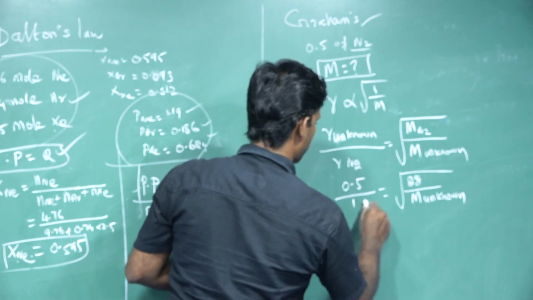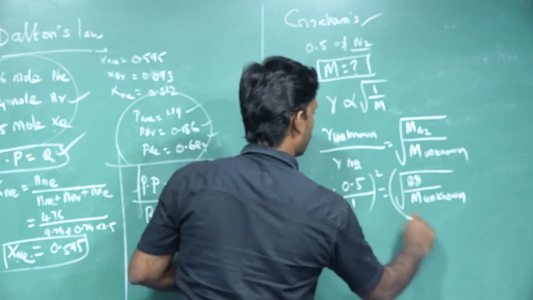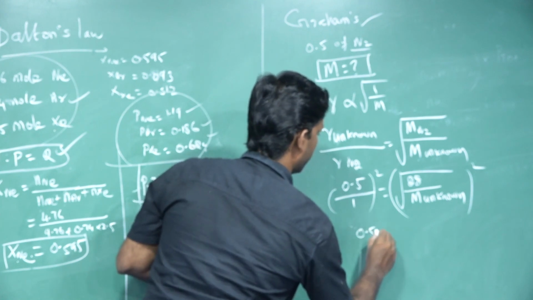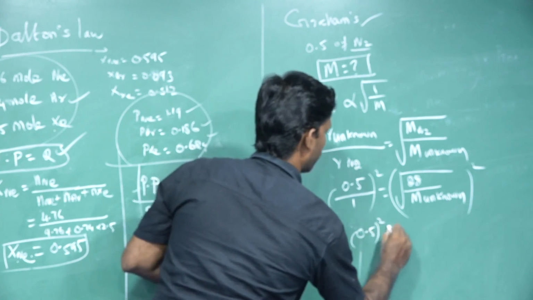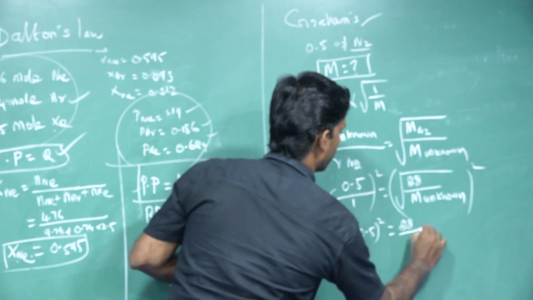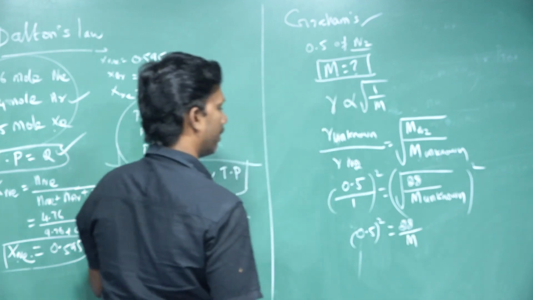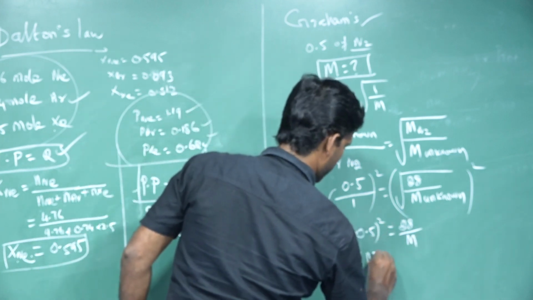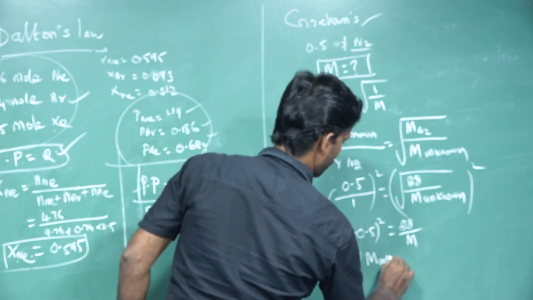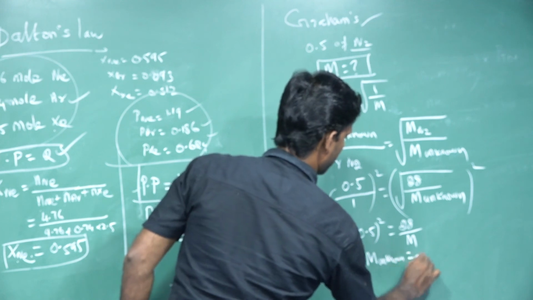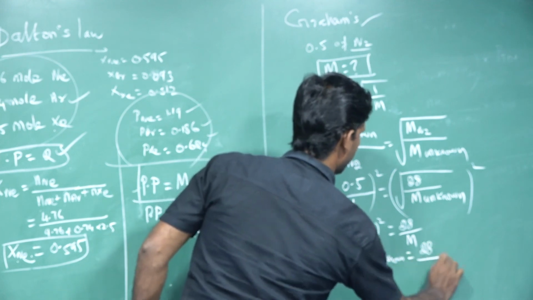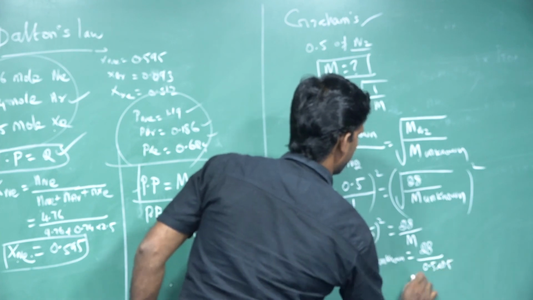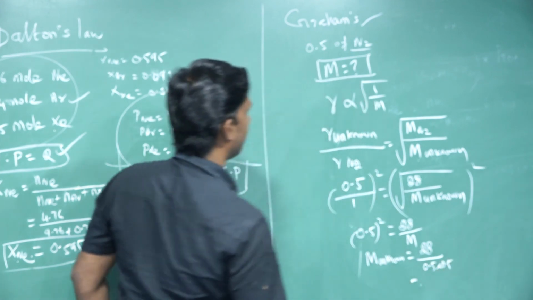So in order to cancel this, 0.5 squared equals 28 by molecular mass of unknown. Then we want the molecular mass of unknown, that is equal to 28 by 0.5 squared. If you simplify this, you will get the answer.